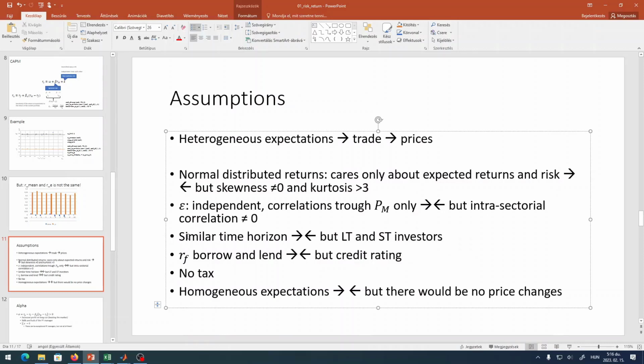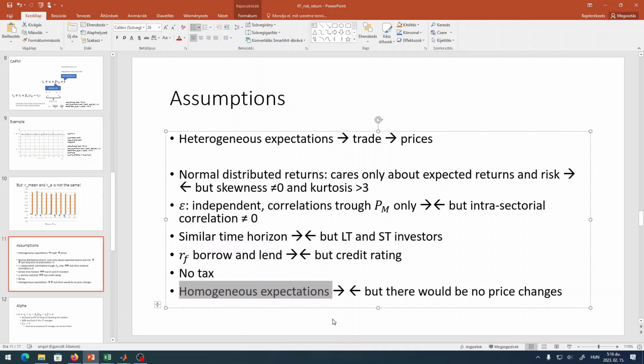And there are also different investors, so some investors have long-term preferences, some others have short-term preferences. Also taxation was not added, and also homogeneous expectations.